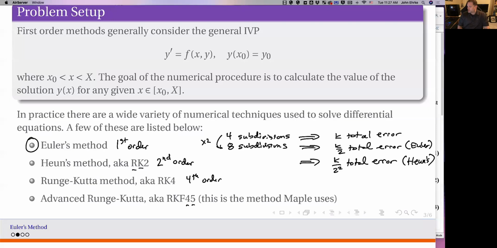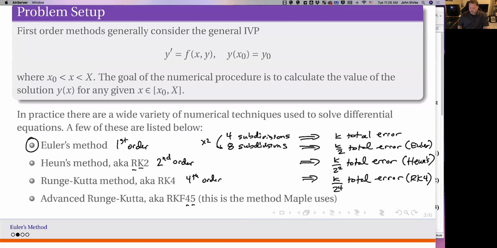Right? So doubling the number of subdivisions in a second order method would actually reduce the error by a factor of 4. In a fourth order method, it would be k/2 to the 4th total error, or it would drop it by a factor of 2 to the 4th, or 16. So this is for RK4.